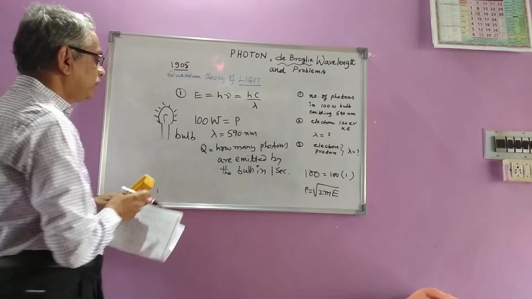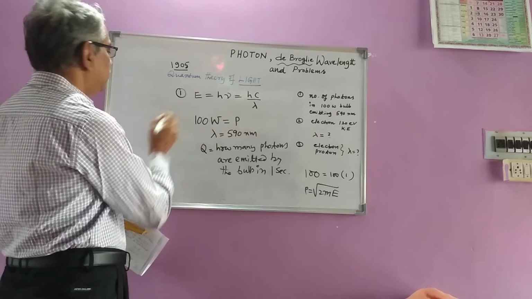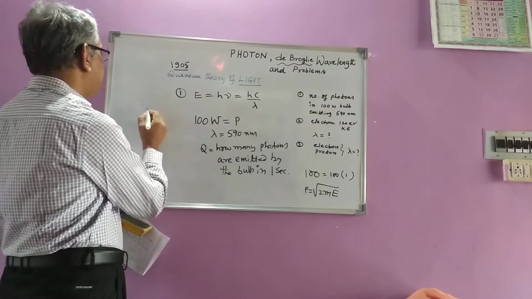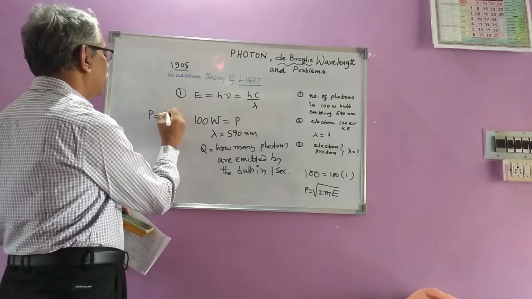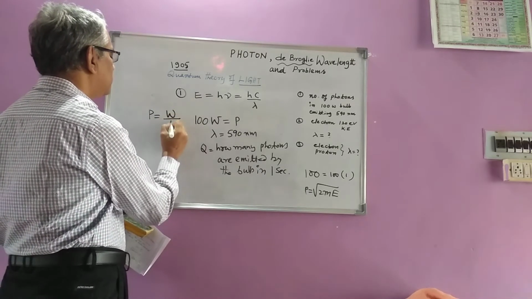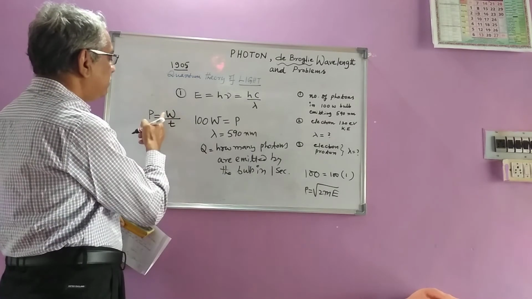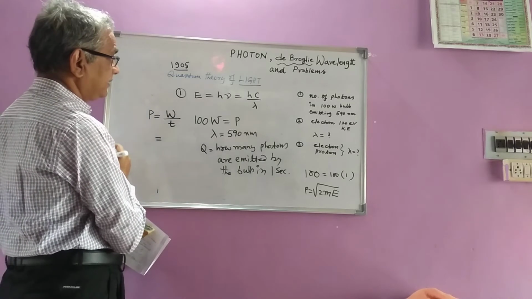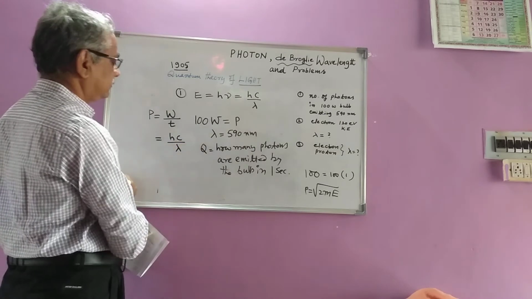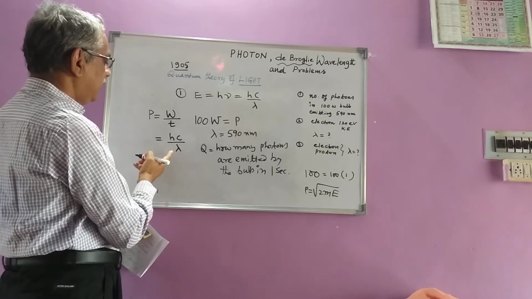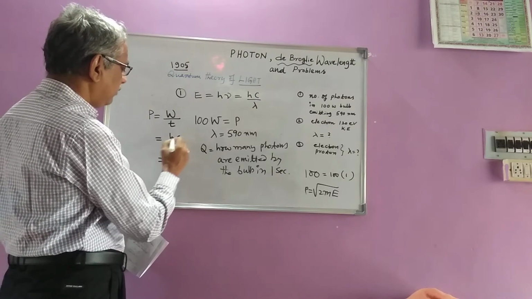So to do this problem, we have the 100-watt bulb. So power is given. Power is equal to work by time, work divided by time. In place of work, I will substitute hc by lambda.